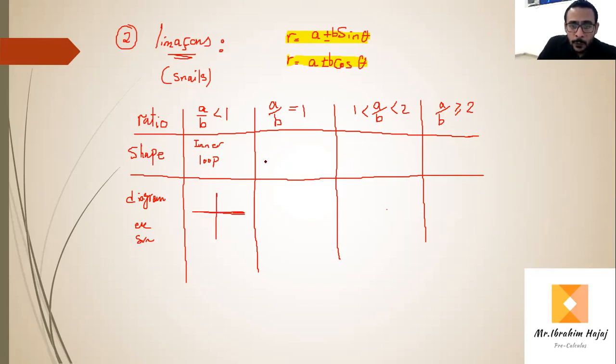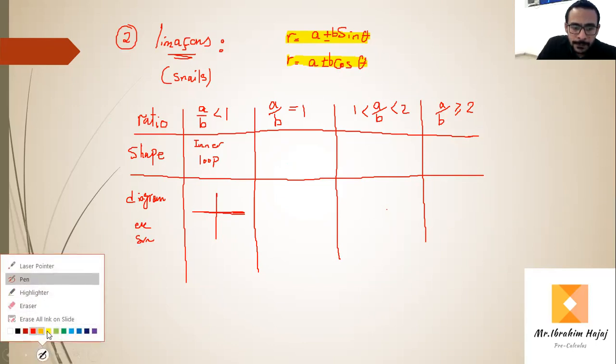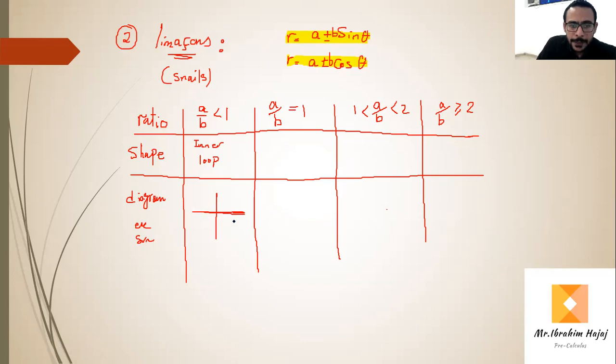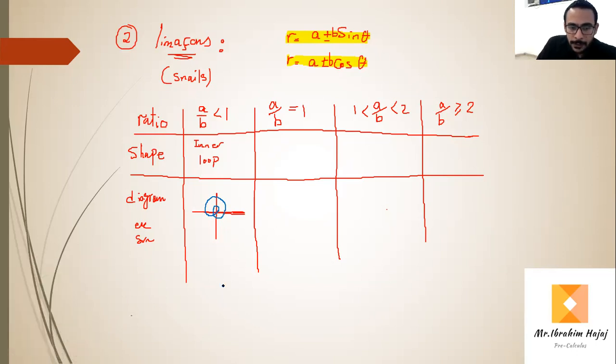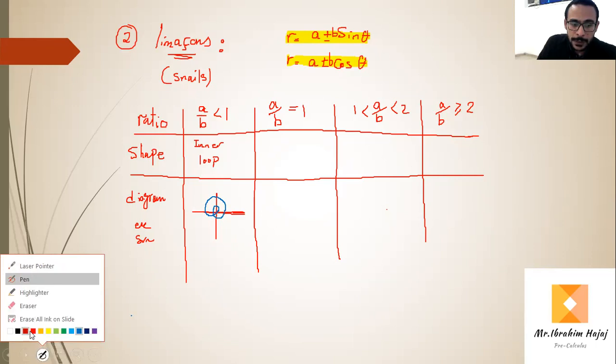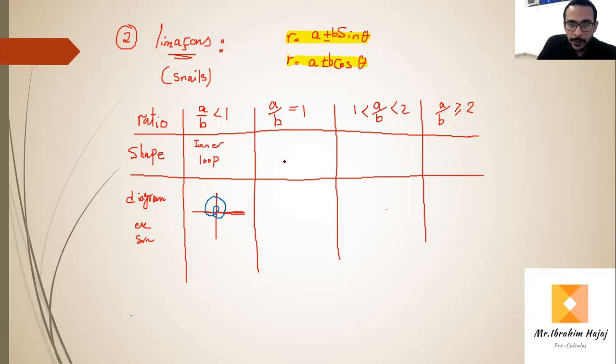The graph of the inner loop looks like this. We have a loop here, and then a circle. It should be above the x-axis. It's not really accurate, but we will see how to do it exactly in the next examples.